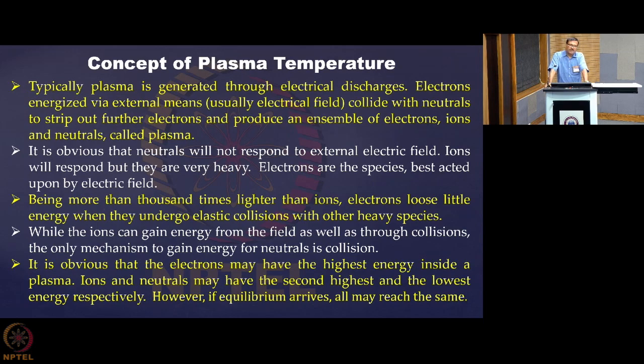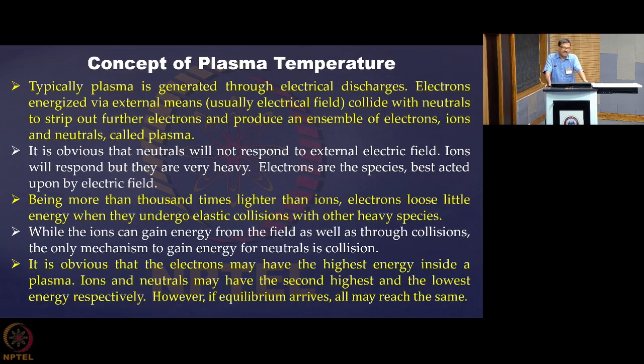They all respond in a different manner to electric fields, and usually we create plasma by electrical discharges, which involve an electric field, and the electrons gain energy from the field. Because the neutrals have no charge, they are not able to gain enough energy from the field, whereas the electrons, being lighter, gain energy very quickly from the applied electric field.